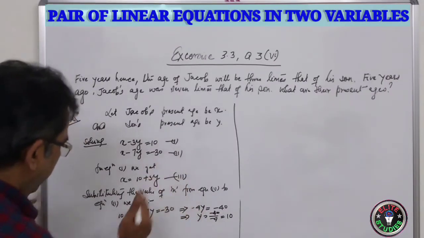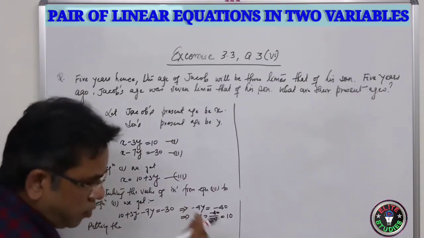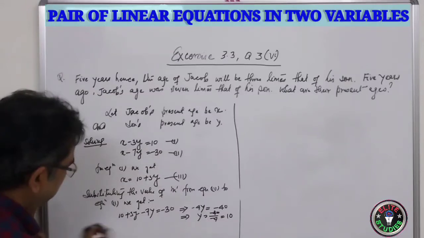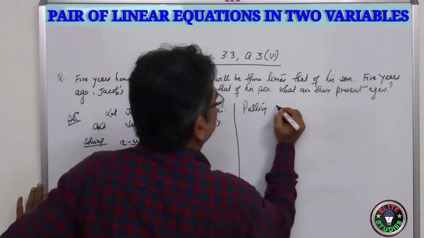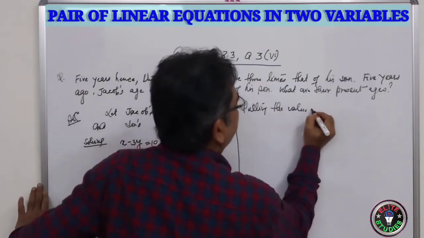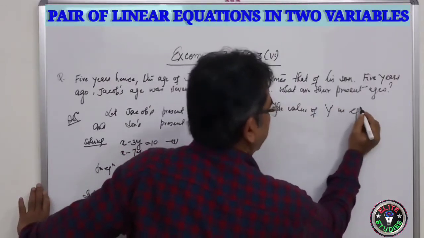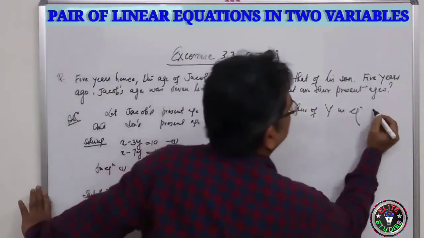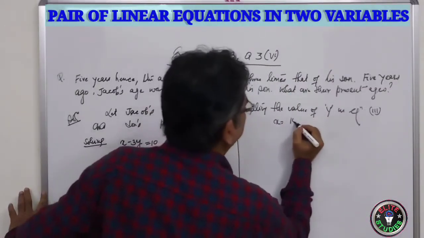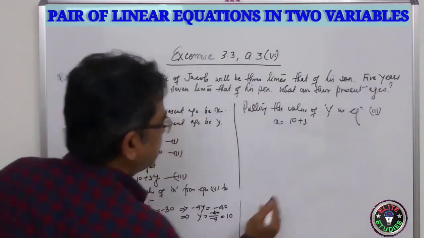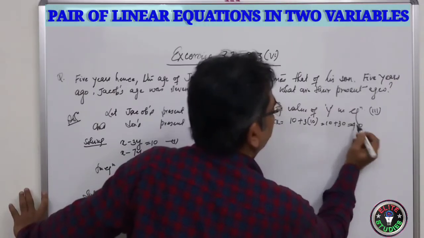Now putting the value of y in equation 3, we get x is equal to 10 plus 3y. So 10 plus 3 times 10, y is 10, is equal to 10 plus 30, is equal to 40.